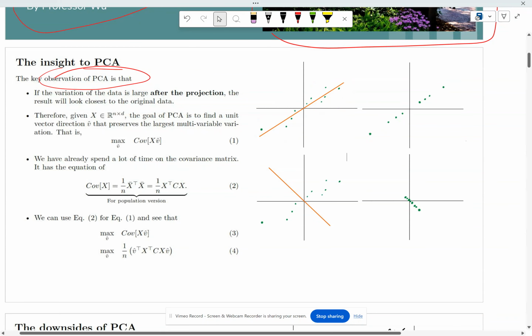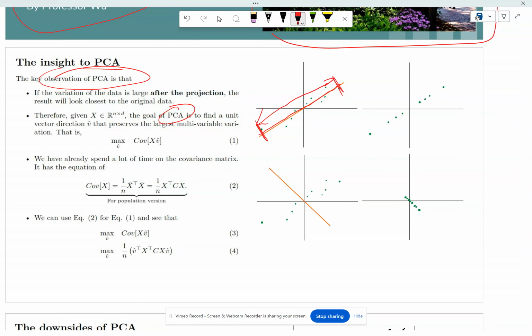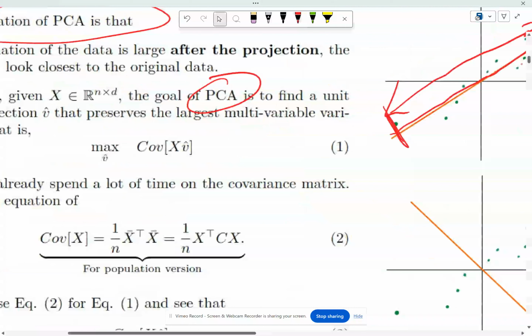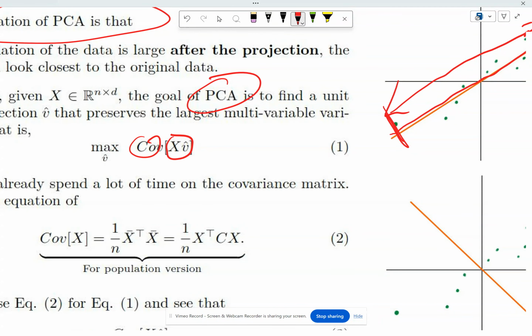So from PCA, what we want to do is find a direction. There are many directions we can draw the line, but we want to find a direction such that the variation of the data is maximized. To measure the variation, we've gone through the idea of covariance matrix. The covariance matrix allows you to measure the variation for high-dimensional data. So instead of finding the covariance directly for the data X, we could find the covariance after the projection.